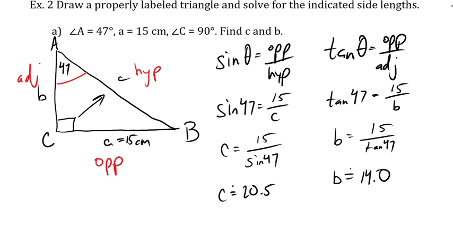What's the adjacent? Is it the hypotenuse? It's not, the same thing can't be adjacent and hypotenuse. The whole point of it is one or the other. That's the hypotenuse. Look. Oh, wait. B is adjacent. Okay, did you get 14.0? Any questions?